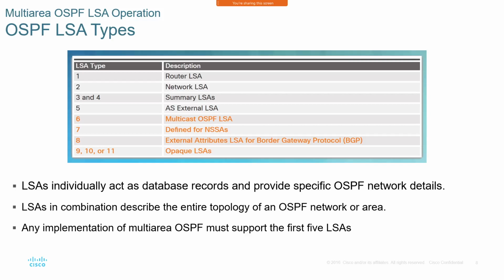Now, the LSAs that we see there at the bottom, 6, 7, 8, 9, 10, 11, are all used in OSPF version 3. Some of them are not even supported by Cisco, and that's why we don't talk about them too much. Talking about the other LSAs, 6 up to 11, is for a more advanced networking course, so that would be more for a CCNP level of study. All right, so let's move on.